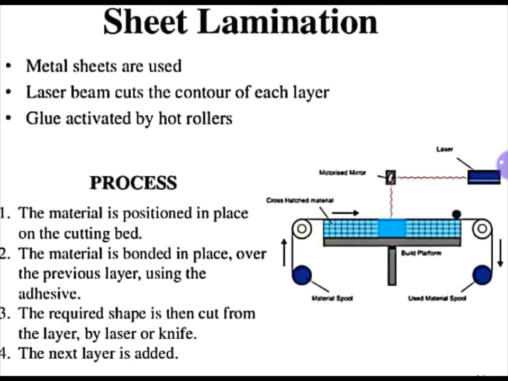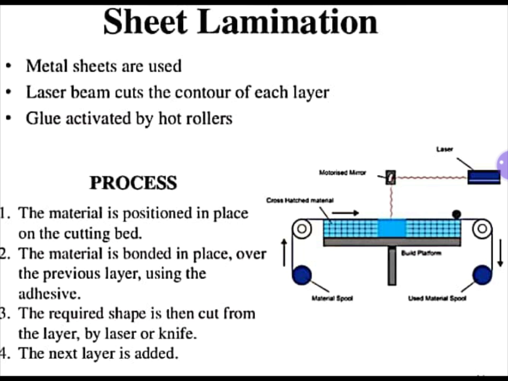After placing the first layer, again the material spool is activated and the sheet material is passed through the cutting mechanism, where it is cut, and the second layer of sheet is placed on the first layer.